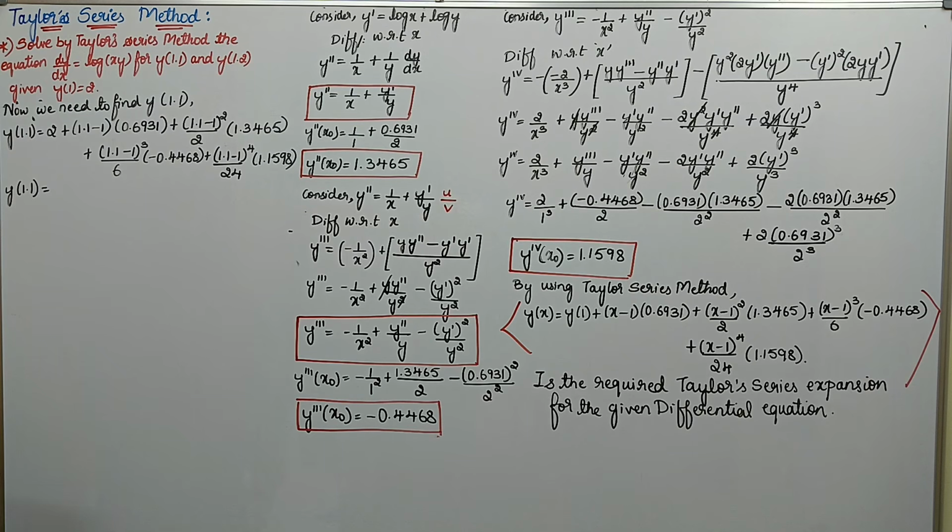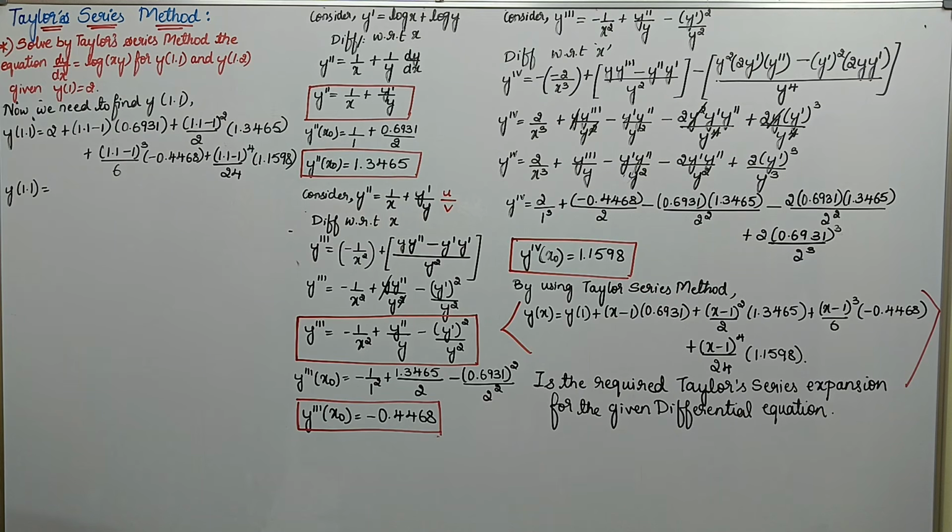Okay, cross verify twice, into 0.6931 plus, again numerator denominator, open bracket, (1.1 minus 1) whole square divided by 2 into 1.3465, close the bracket, plus, again numerator denominator, (1.1 minus 1) whole to the power of 3 divided by 6 into minus 0.4468.